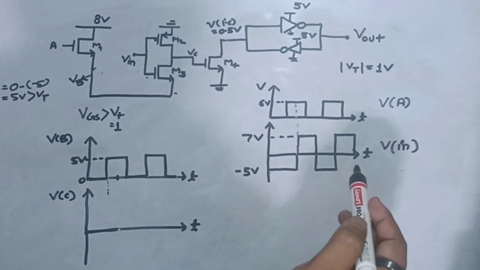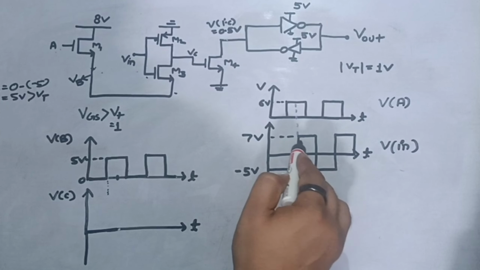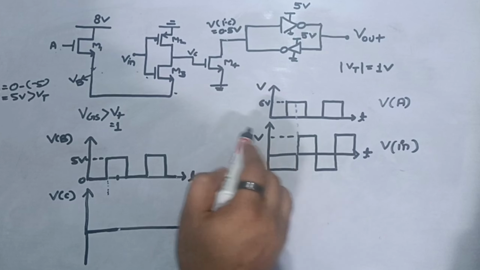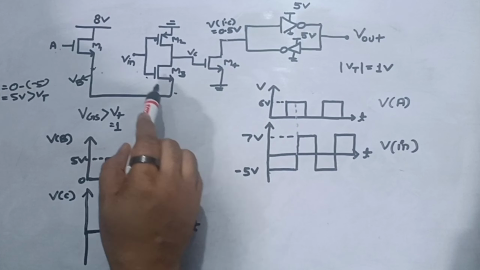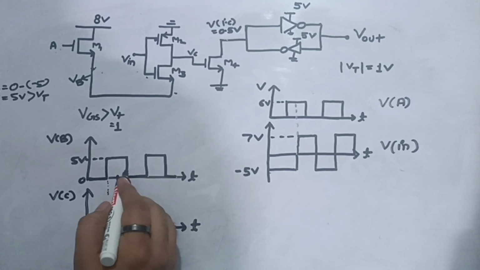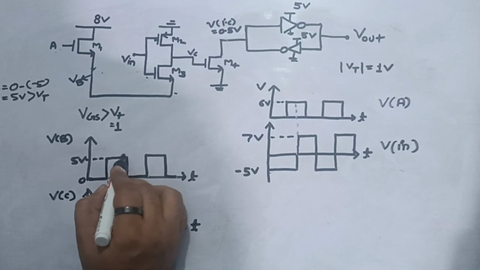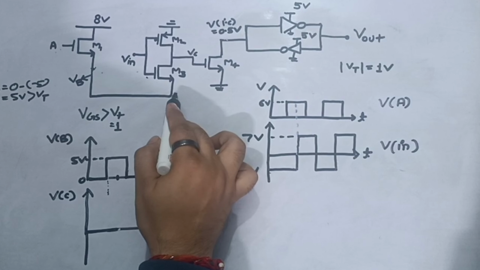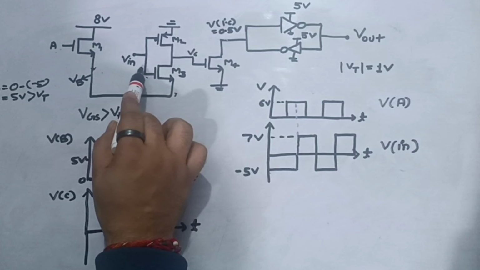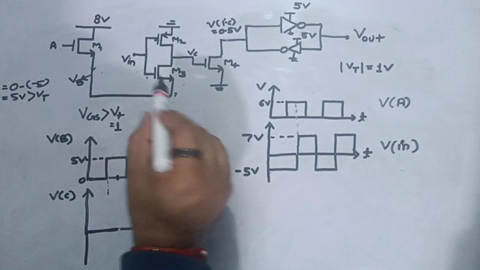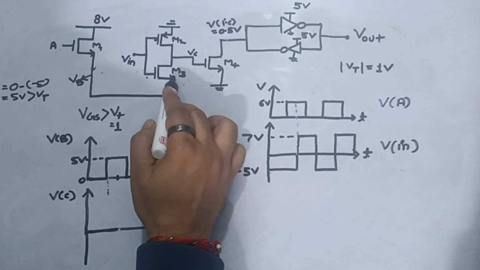Now what will happen when Vin changes its state from minus 5 to 7 volt? Let's try to draw that. When Vin comes to 7 volt, at that time for half cycle, this VB node is sitting at 5 volt. So if we calculate the VGS for MOS M3, Vin is 7 volt and VB is 5 volt.